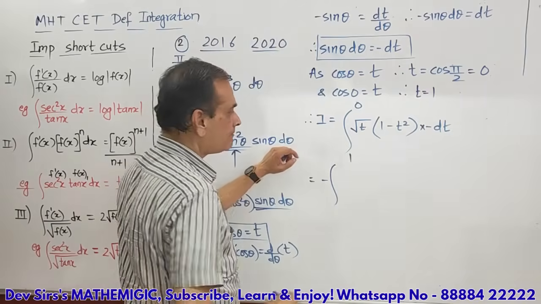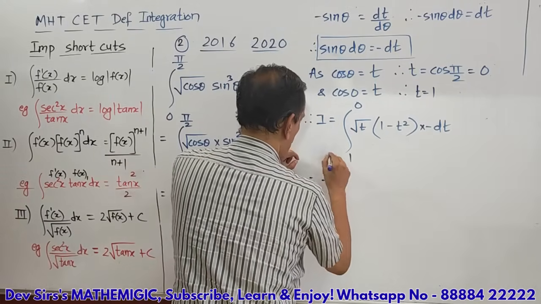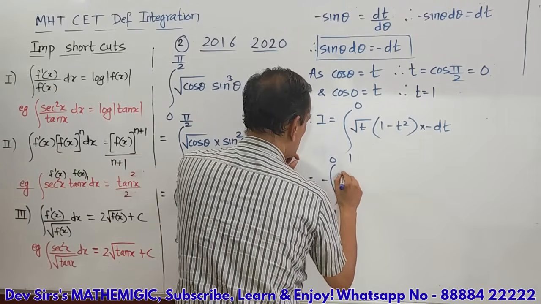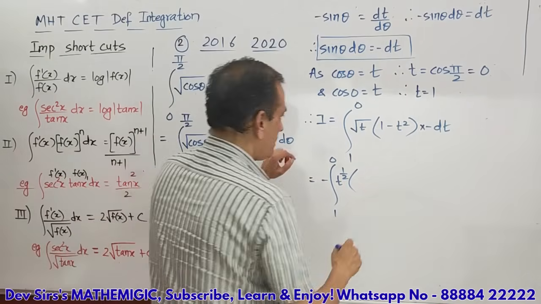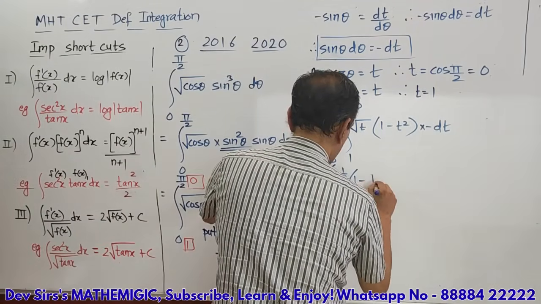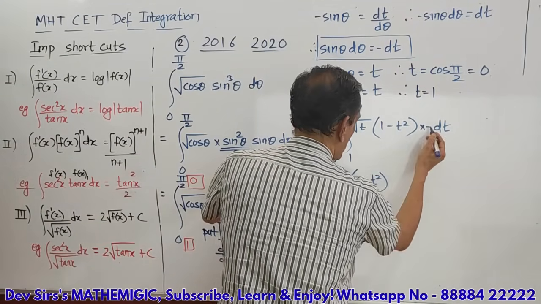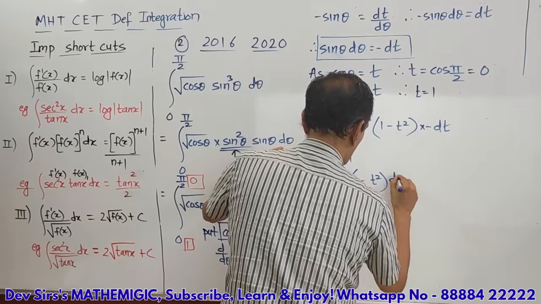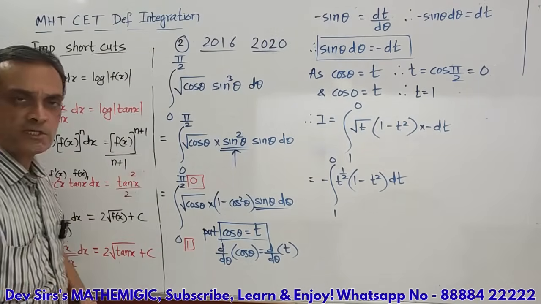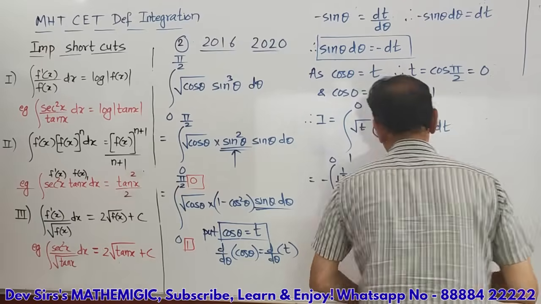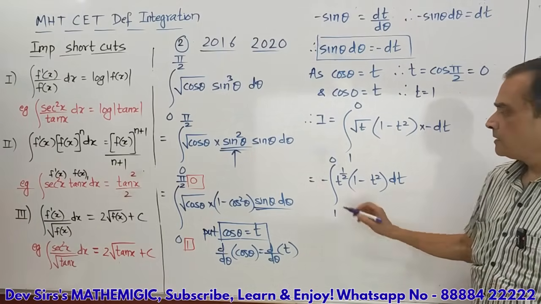Do one more thing. Root of t is t raised to half. 1 minus t squared. Minus sign has gone outside. Now friends, one more thing to do to make the calculation simpler.